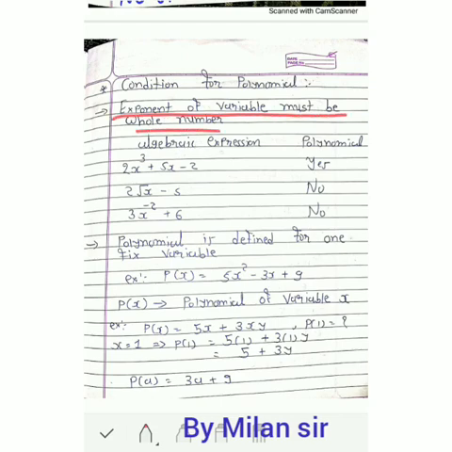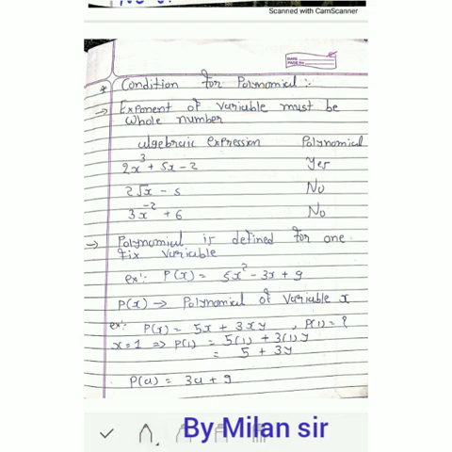I am combining these two conditions because in standard 9 we learned that the exponent of the variable must be non-negative, and also an integer. So the two conditions are: first, the exponent is non-negative, and second, it is an integer. So ultimately I am writing here: the exponent of the variable must be a whole number.